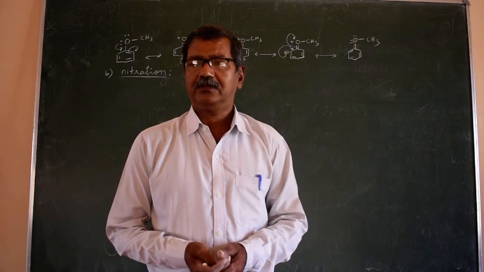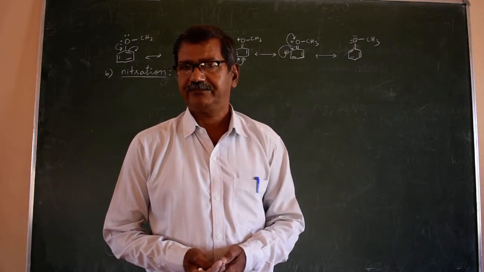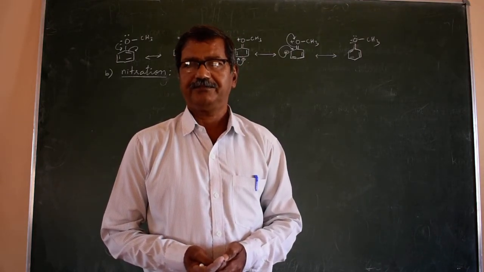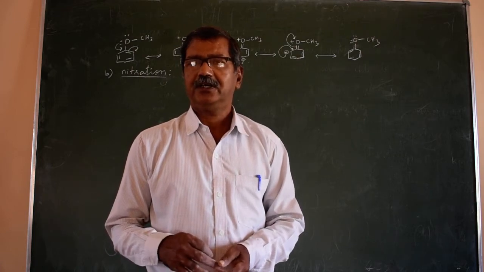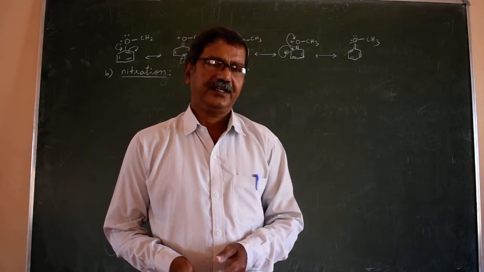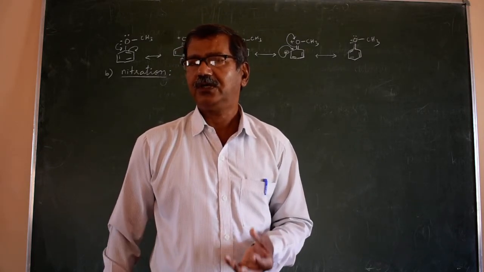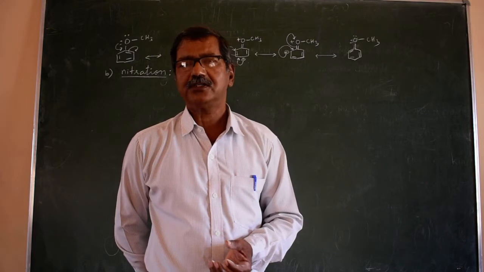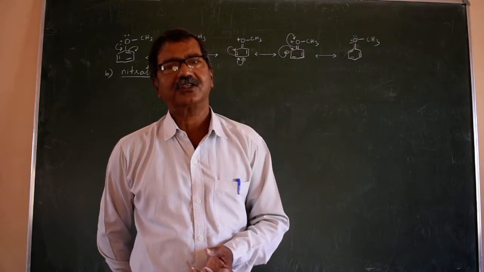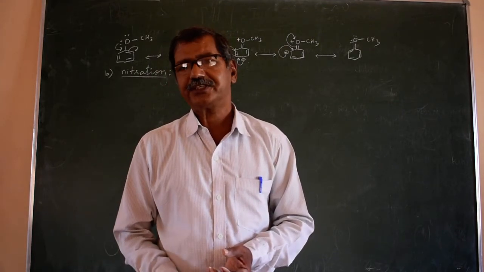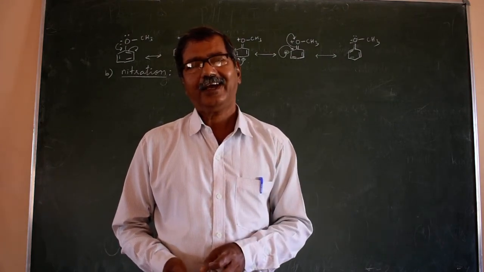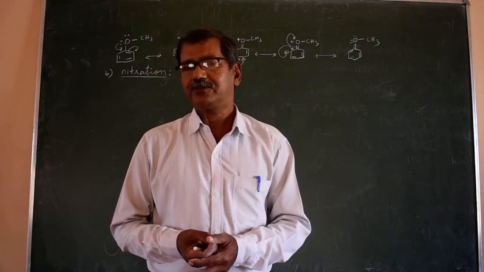For example, we studied in PUC first year nitration of benzene, which takes place in the presence of concentrated H2SO4. It is not necessary to use only HNO3. We can also use potassium nitrate or sodium nitrate. They produce HNO3, then attack on the benzene ring takes place.